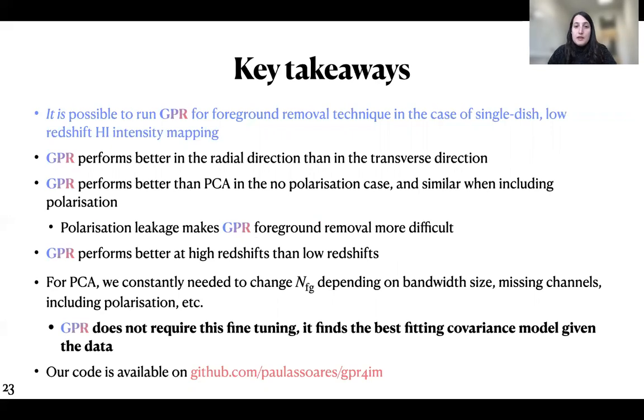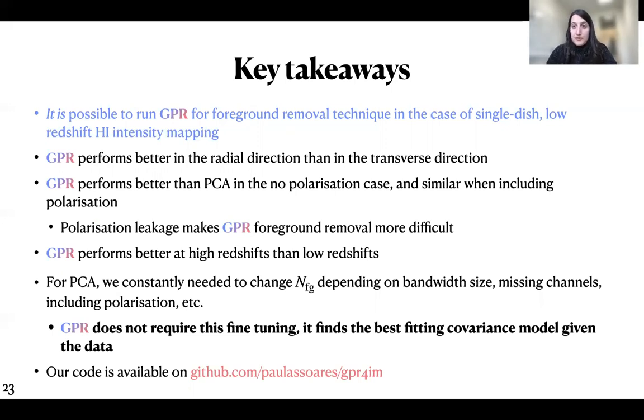A really important thing to note as well is that for PCA, we constantly needed to change the number of components removed from the data, depending on our bandwidth size, whether we included polarization leakage or not, for example. And this can be a little bit of a fiddly parameter because we don't know the truth with real data beforehand. We don't know how many components to remove exactly.